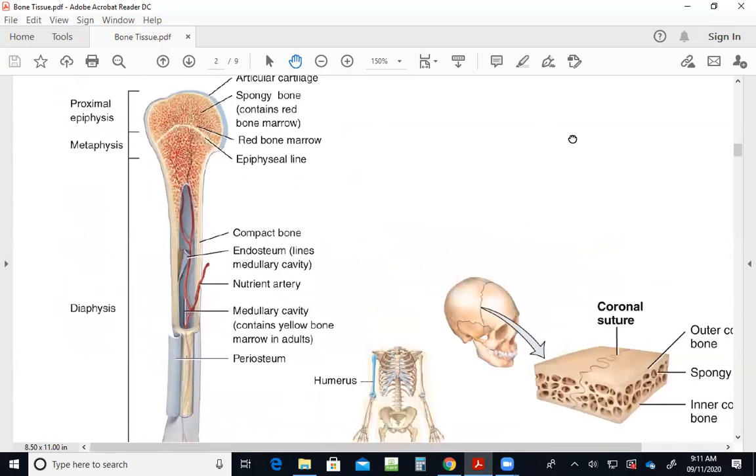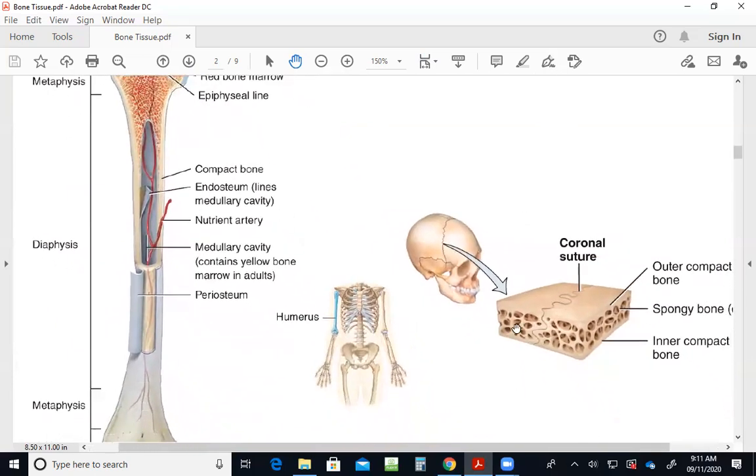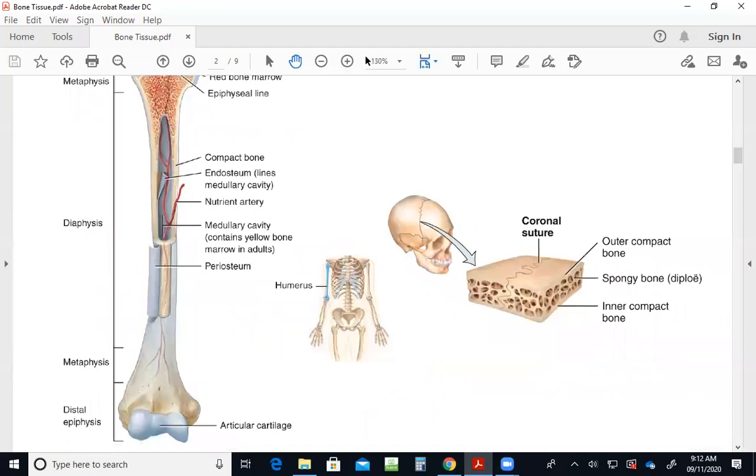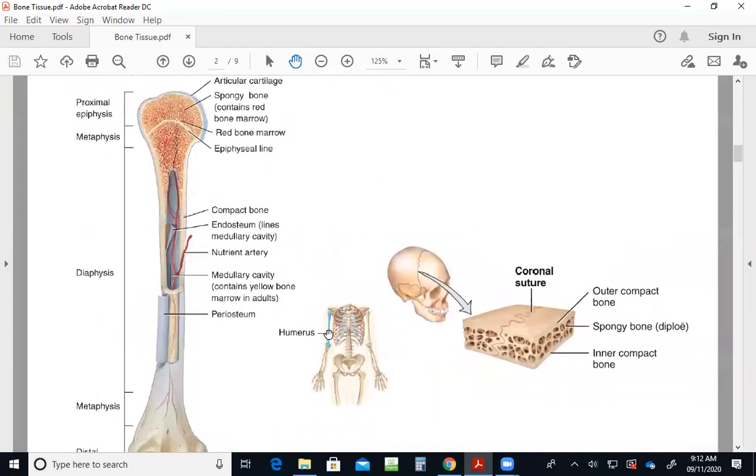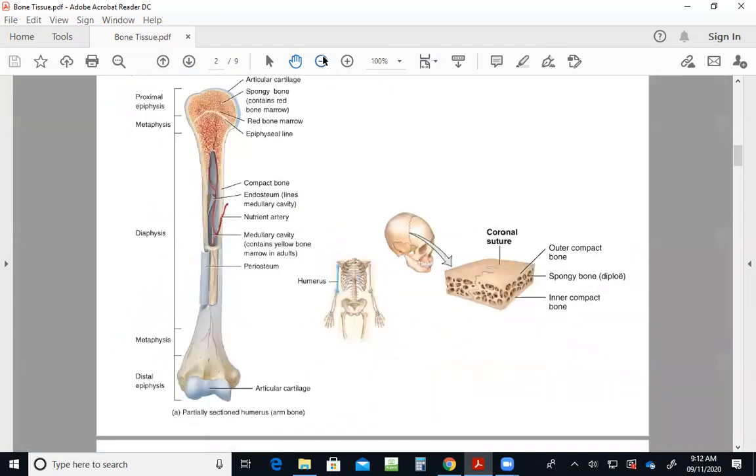The reason that we can get away with having really large amounts of spongy bone in our flat bones, places like our sternum or shoulder blade, is that they're not typically weight bearing like your long bones are, which have to be a lot stronger, like what's shown over here with the humerus, your upper arm.